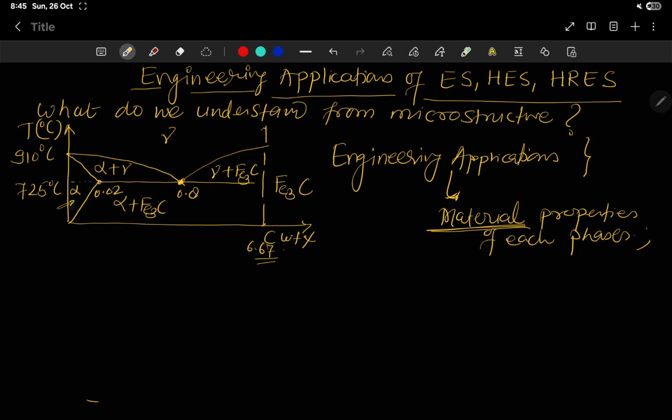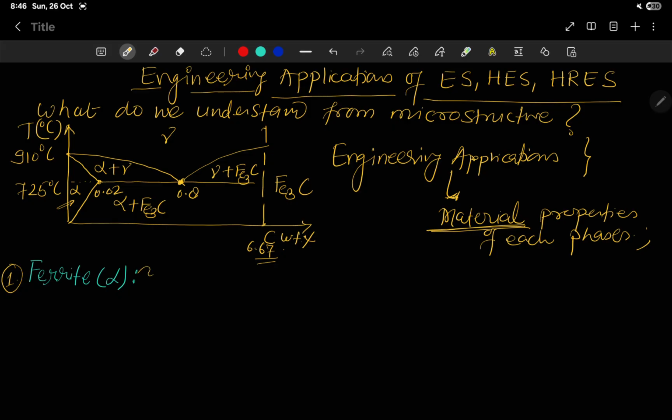So the first phase which we have encountered is ferrite, denoted by alpha.